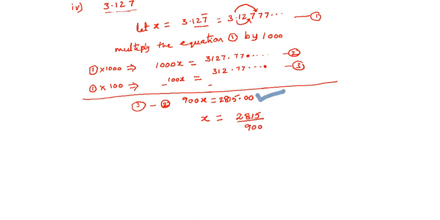When we transpose 900 from left to right, we write it in the denominator. Now you observe in the numerator and denominator, there are some common factors. So we cancel these two by 5.